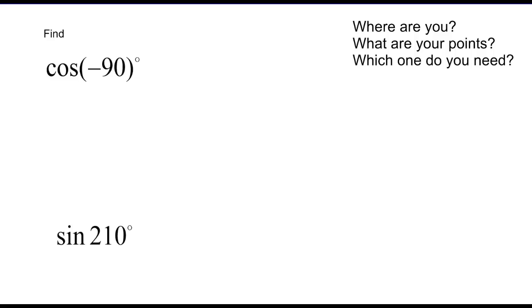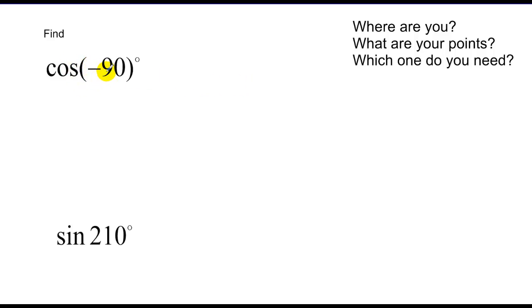So what we're going to do now is find some trigonometric values for specific points on a unit circle. And you've got to answer 3 questions. 1, where are you? 2, what are your points? And 3, which one do you need?